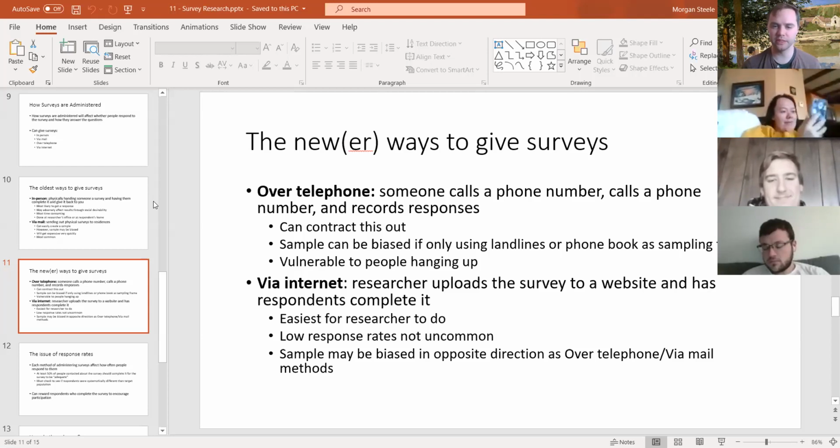What's going to become more and more prevalent is internet surveys. So the researcher basically uploads a survey to a website and then has the respondent complete it. This is what the actual census has been doing now. You can complete the census via the internet, or you can wait for them to send you a physical hard copy. This is, honest to God, the easiest thing in the world for a researcher to do.